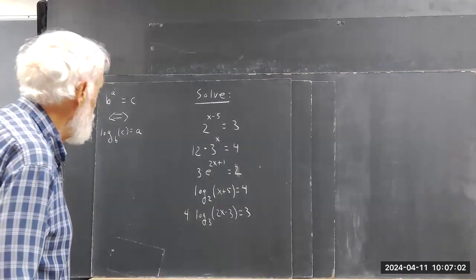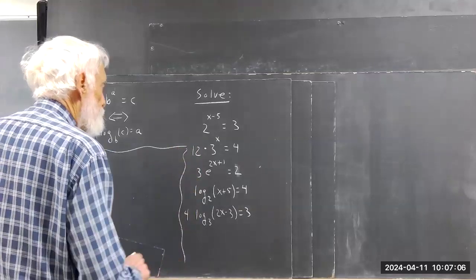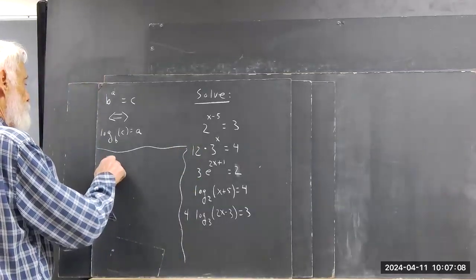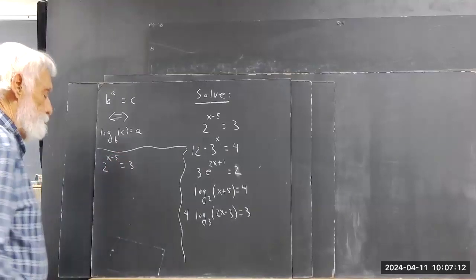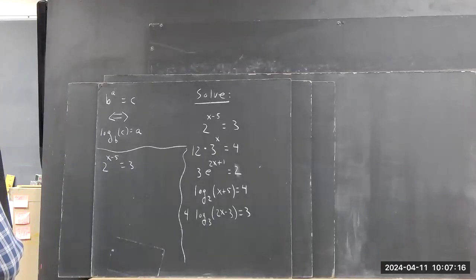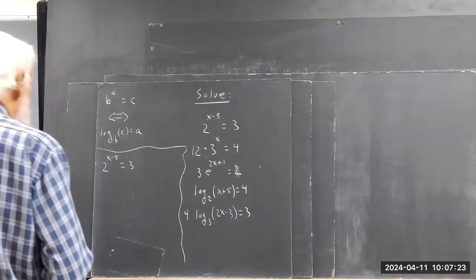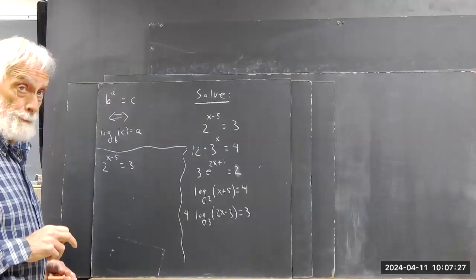Okay, so we got 2 to the x minus 5 equals 3. Okay, well, I'm going to use colors here. And this is of this form, isn't it?